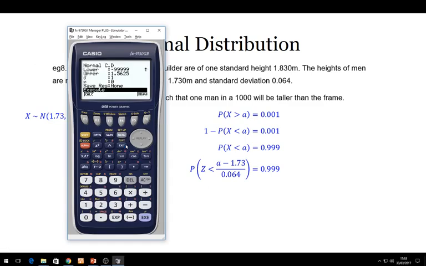This time I know the probability, I want to find the Z value, so I need to come back out, distributions, normal, inverse normal, and the area is 0.999, and execute, and that tells me my Z value is 3.0902.